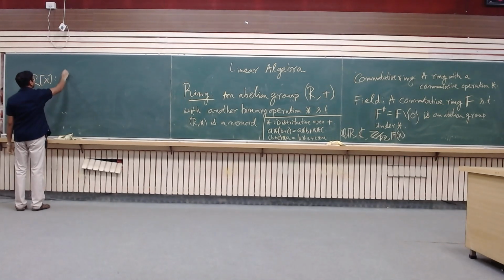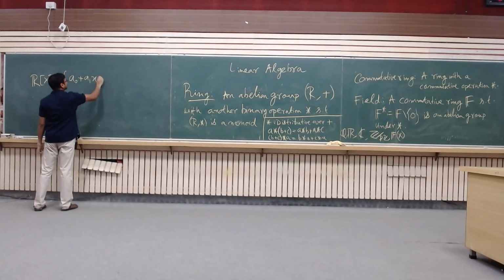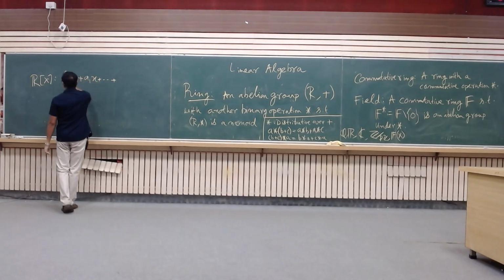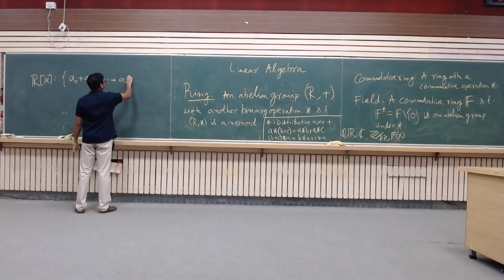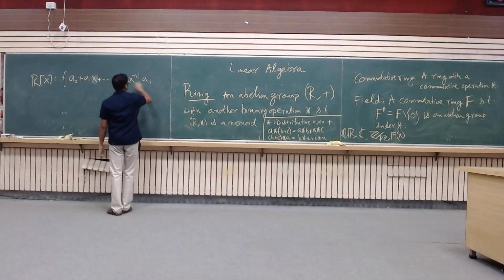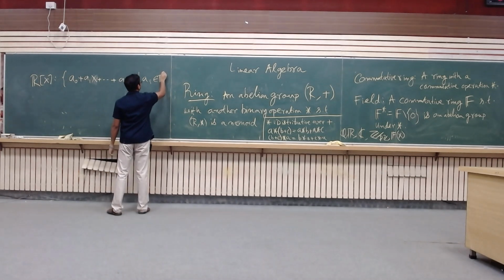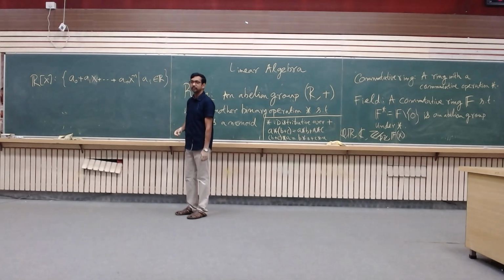So R[x] is the set of polynomials a0 plus a1x plus ... plus an xn, such that these ai's, the coefficients, are all reals. Okay, that's R[x].